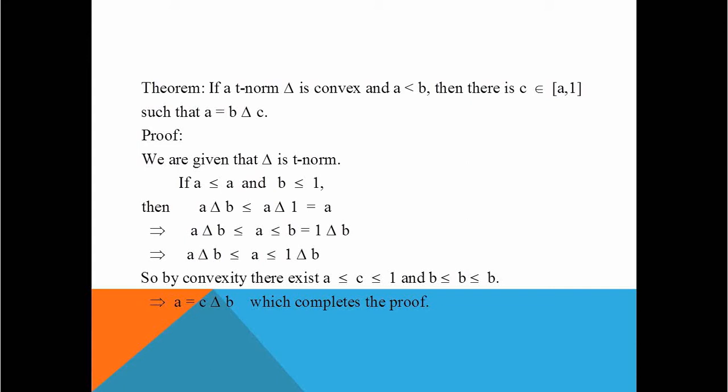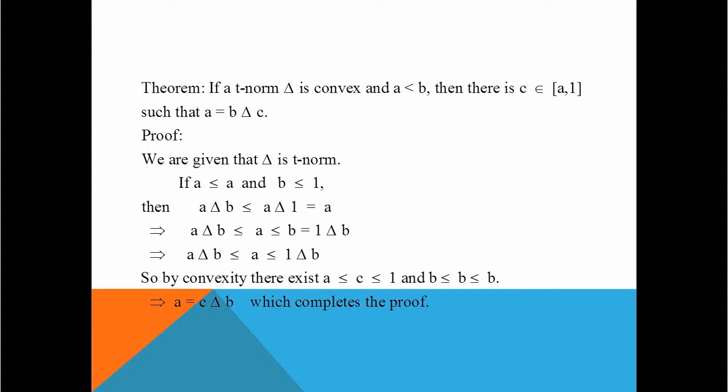We know the definition of convex. Here we are given that delta is a t-norm, and we take two numbers. We can see that a is less than or equal to a and b is less than or equal to 1, because all the fuzzy numbers are less than or equal to 1.